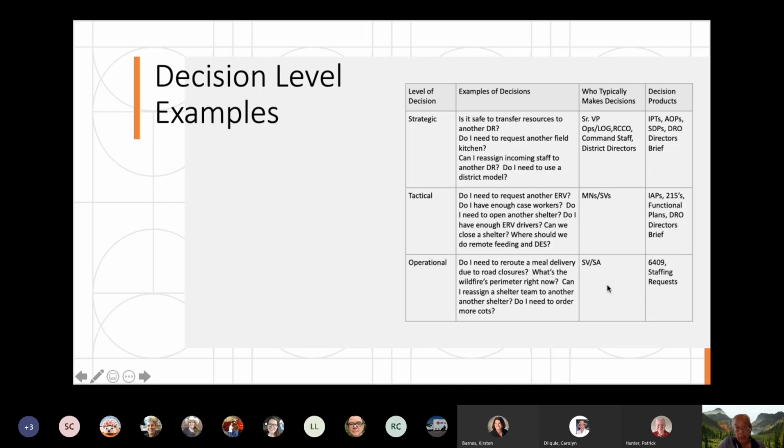Who typically makes that? Well, it's down to the trench level supervisors and SAs like yourselves. And the products would be 6409s, so I've got to order more stuff, and staff requests for more people. So these are some examples of these three levels of decision.